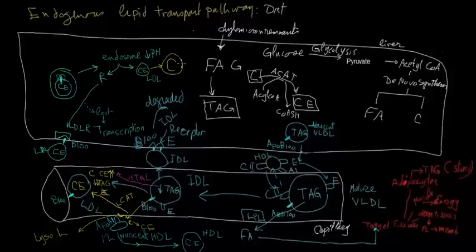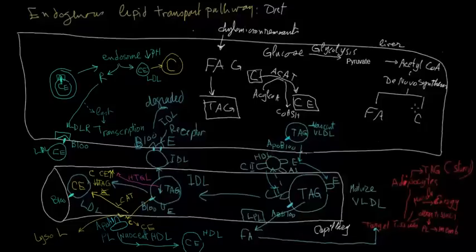We have different sources of cholesterol. This is one of them. It comes from the internalized LDL particles and also from the internalized IDL particles. The other external source is the chylomicron remnant source, which comes originally from the diet. So these are the two sources of externally derived cholesterol.